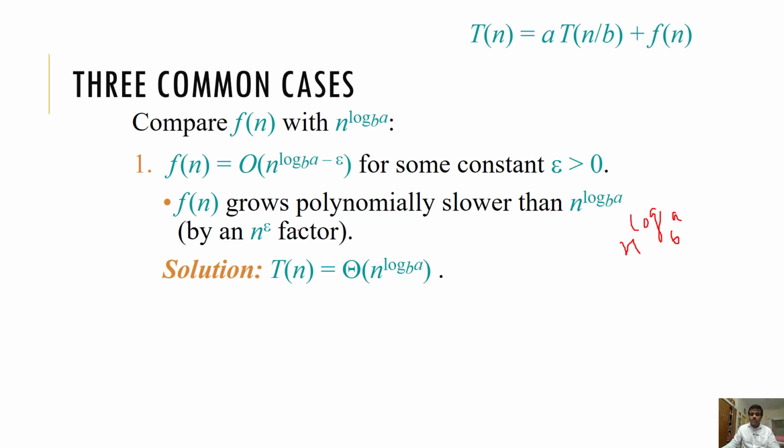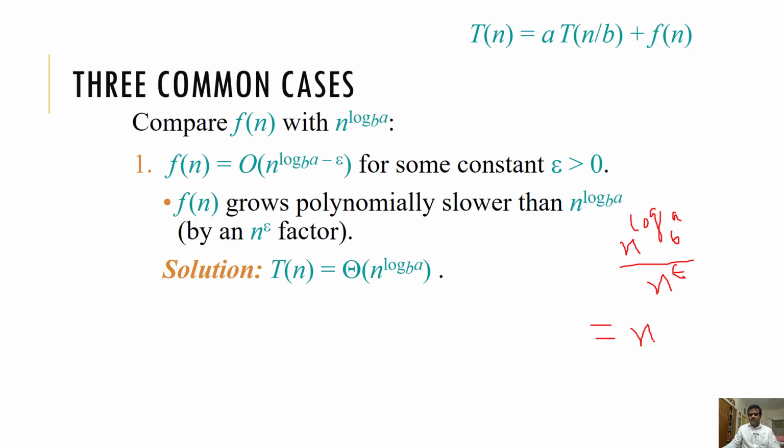That means if we divide this term by a polynomial factor n to the power epsilon, where epsilon is greater than 0 and could be 1 or 2, so n or n squared, which is a polynomial term, then Fn is still less.